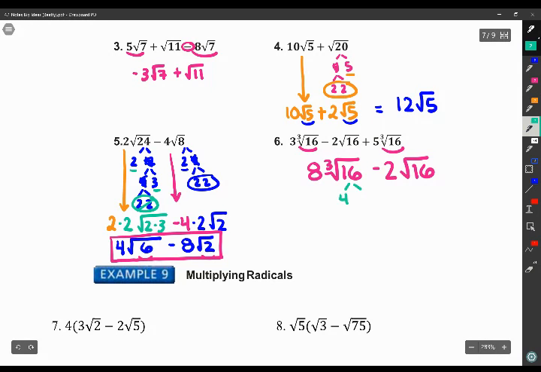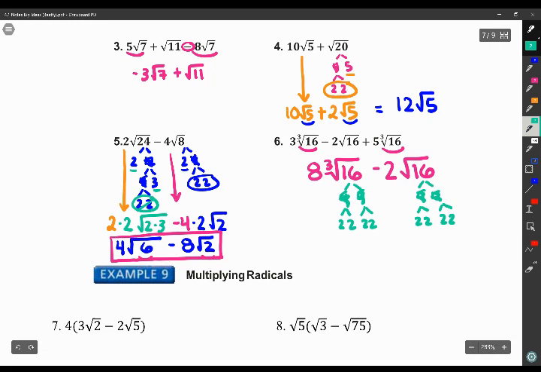So 16 is 4 times 4, which breaks down to be 2 times 2, 2 times 2. Still 16, so this is still going to be 4 times 4, 2 times 2, 2 times 2. And when I go back and cross off the things that I've broken down further, then you'll notice those 4s are gone.